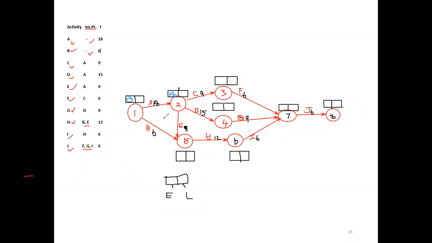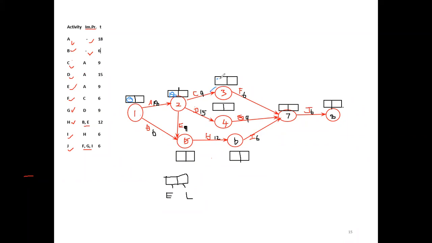Right. We have to consider the arrow marks. If there are two arrow marks, we have to consider both ways. In this case, only one arrow mark from A, so directly you add this. Then go to the third one, only one arrow mark. So now we are on the 18th day. Now C needs 9. So altogether 18 plus 9, how much? 27, no?